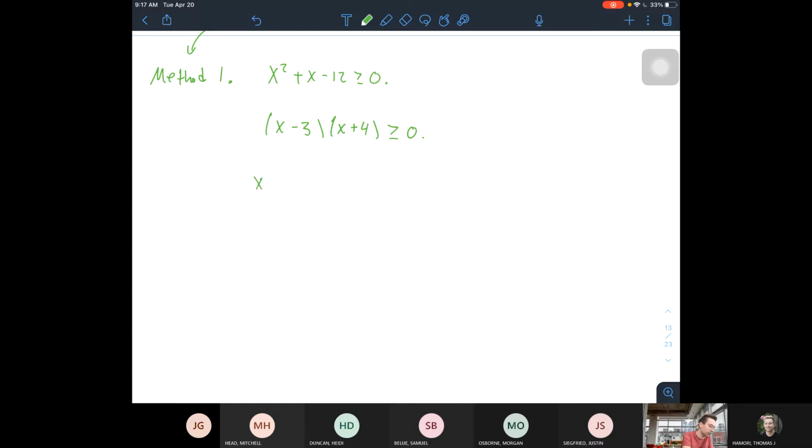For example, x equals 5 works too. I could plug in 25 plus 5 minus 12, which is definitely larger than or equal to 0. So I need to find some expression of all of the possible values for which this function is going to take a value which is larger than or equal to 0.